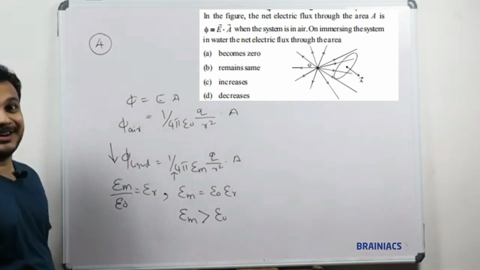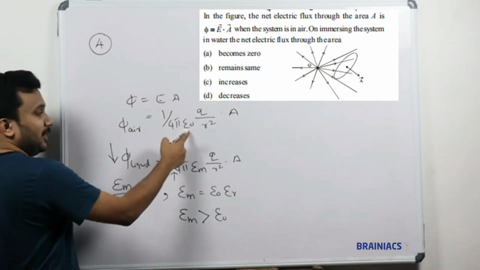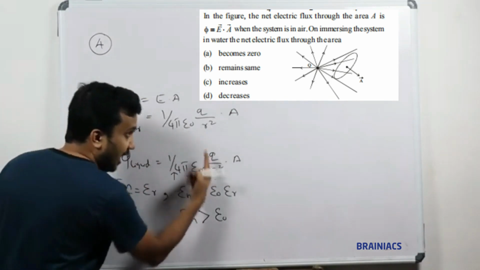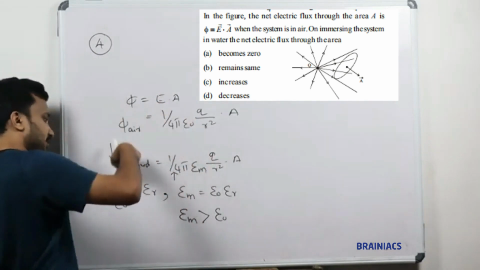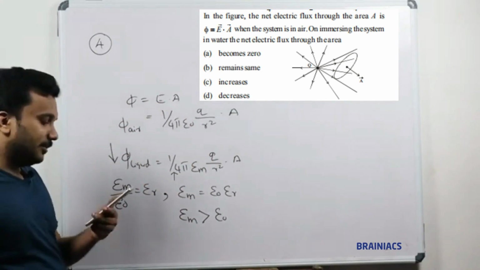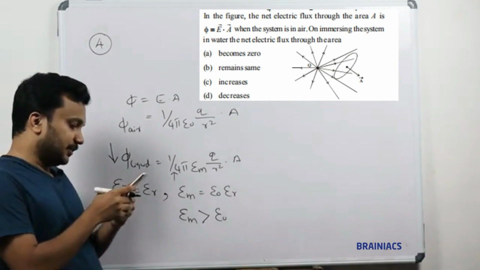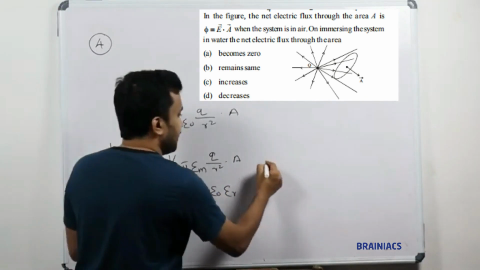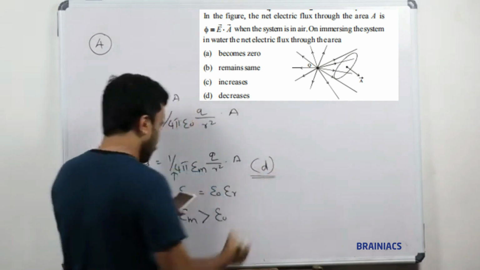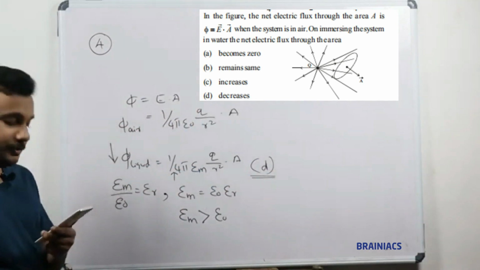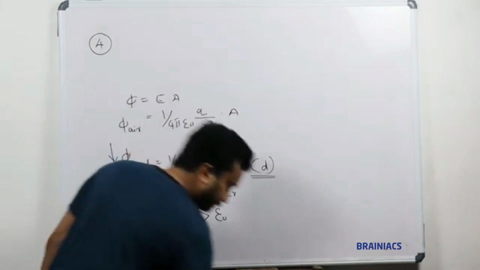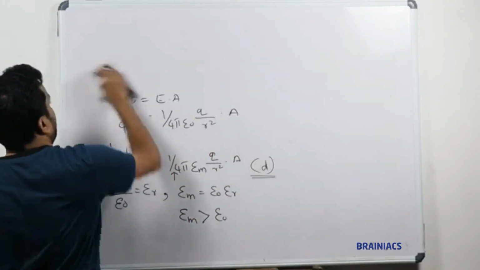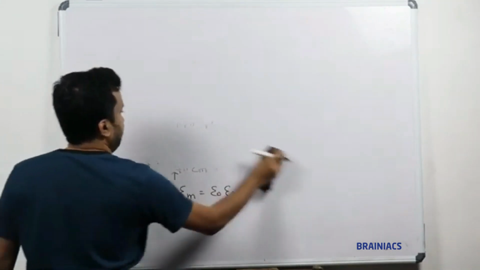Flux will be reduced. Compared to epsilon 0, epsilon m is higher, so the flux in the liquid will get reduced, meaning it decreases. This matches option number D. Option D is the right answer for the fourth question. Let's move to the next one.